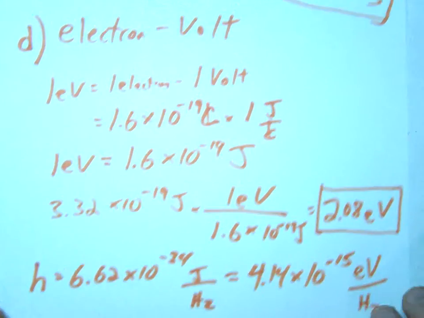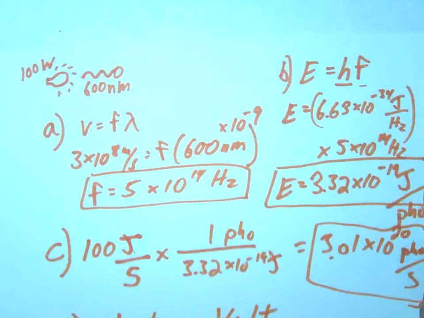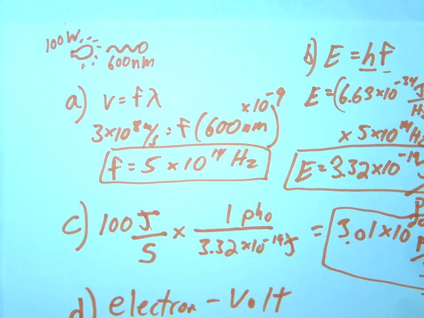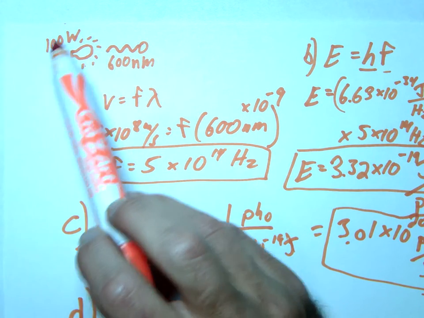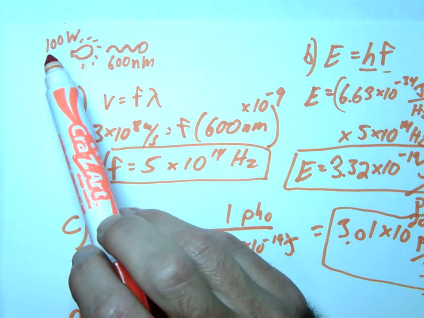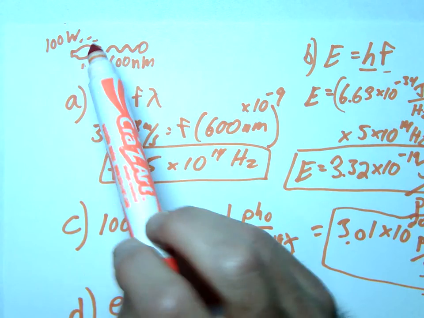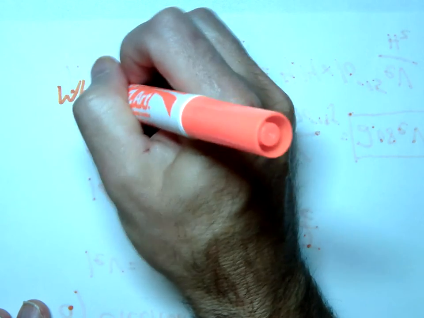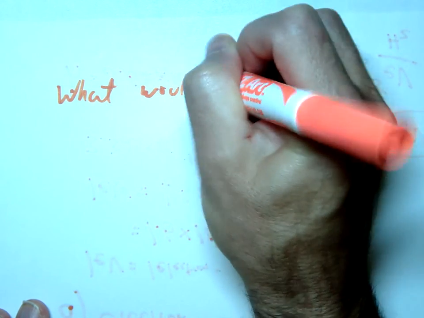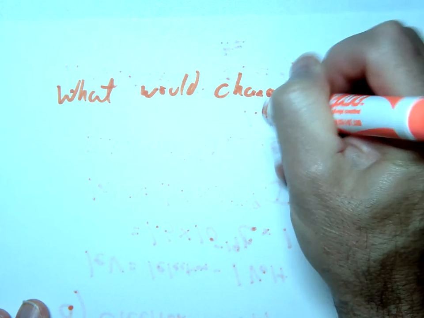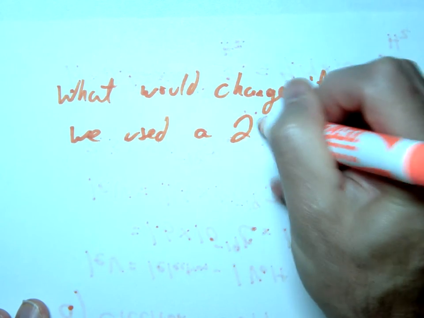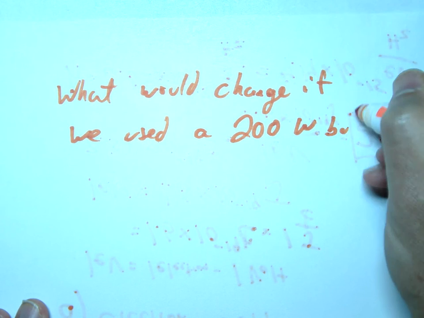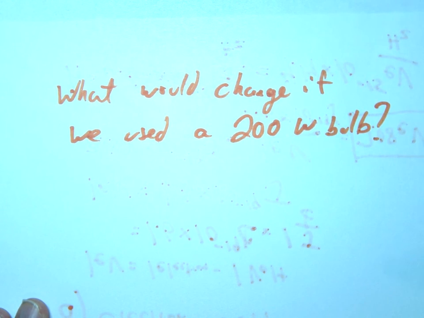Okay, one final question. This is a conceptual question I want you to think about. How would our problem change if we used a more powerful light bulb? So for example, if we used a 200 watt light bulb, so let's write this down. What would change if we used a 200 watt bulb? And there's really two things that could change.